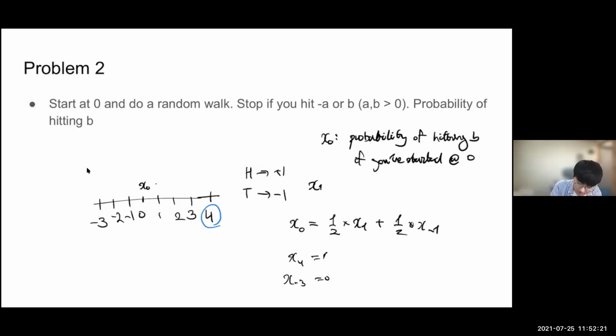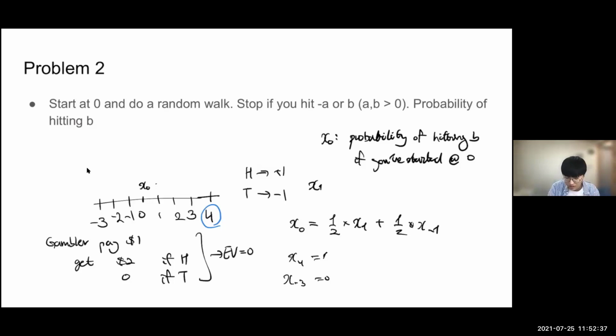So then the expected value is 0. Get 2 if heads, 0 if tails, then expected value is 0. Now let's say you stop if your net profit is $4 or -$3.